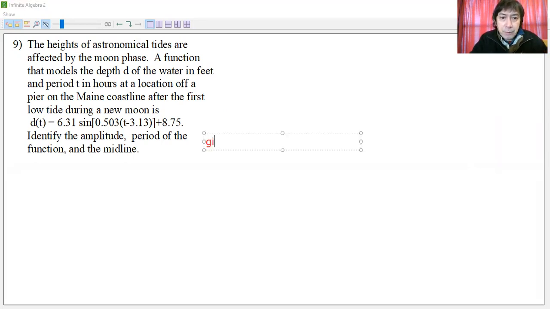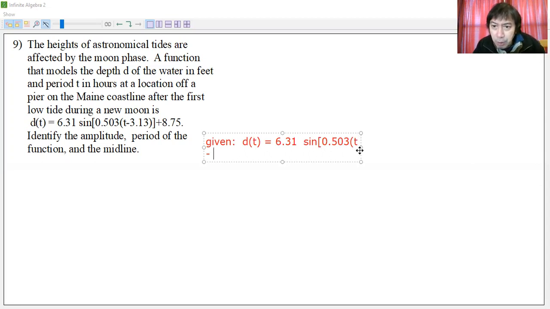So we have our given equation, and we have d of t is equal to 6.31 sine, and then 0.503 times the quantity t minus 3.13 close parenthesis plus 8.75.